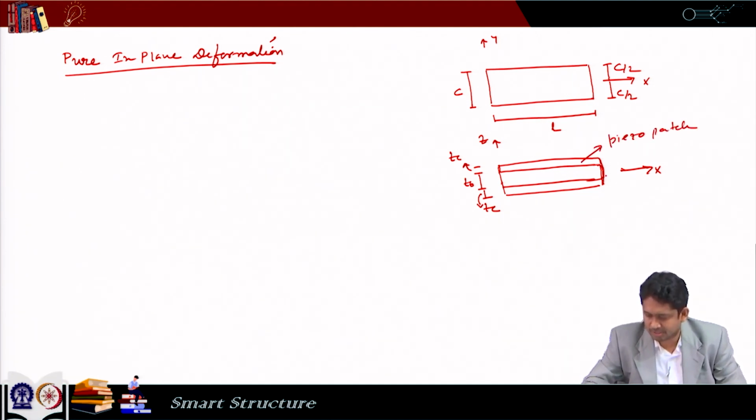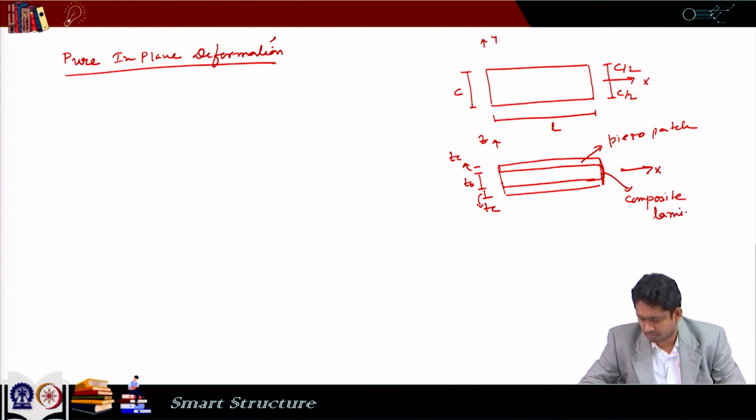This is a piezo patch and this is composite laminate. And this is another piezo patch.